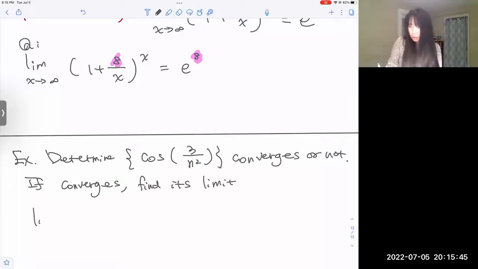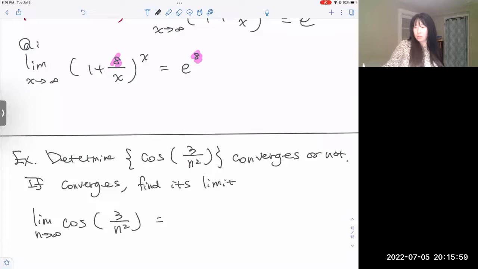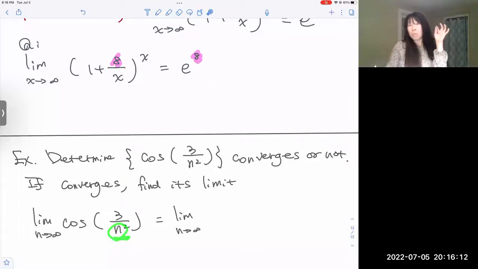So we have the limit as n approaches positive infinity of cosine of 3 over n squared. When n approaches positive infinity, what do you get for n squared? Infinity. So 3 over a huge number is 0.